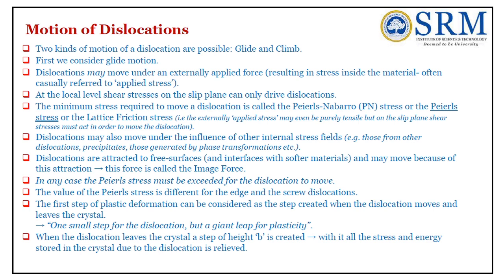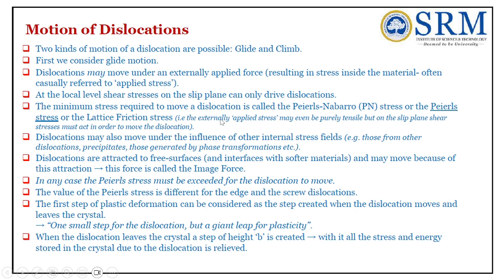So, if the dislocation has to move, who is the driver? The driver is the Peierls-Nabarro stress. The minimum stress required to move a dislocation is called the Peierls-Nabarro stress, or Peierls stress, or the lattice friction stress. The externally applied stress may even be purely tensile, but on the slip plane shear stress must act in order to move the dislocations.